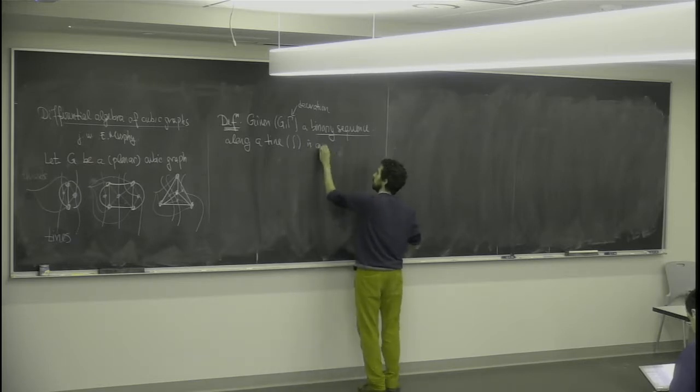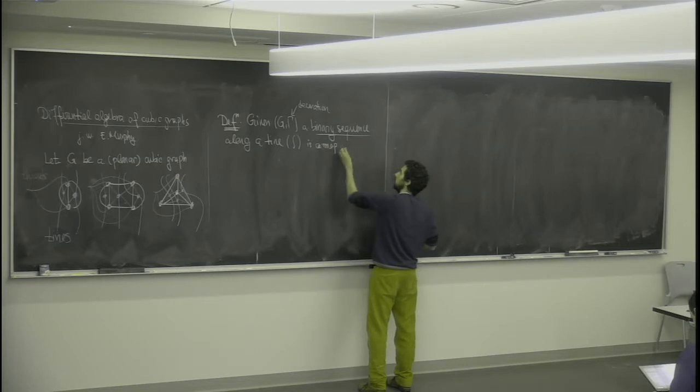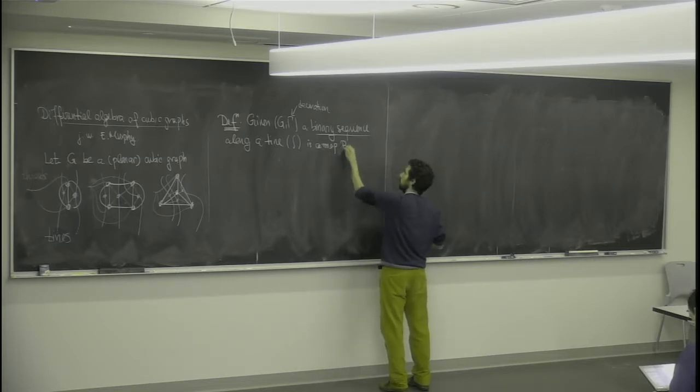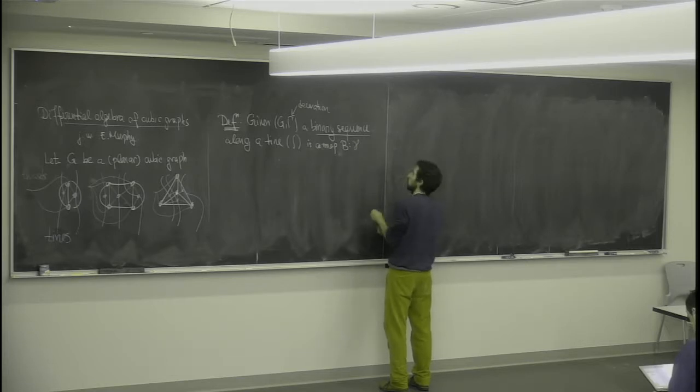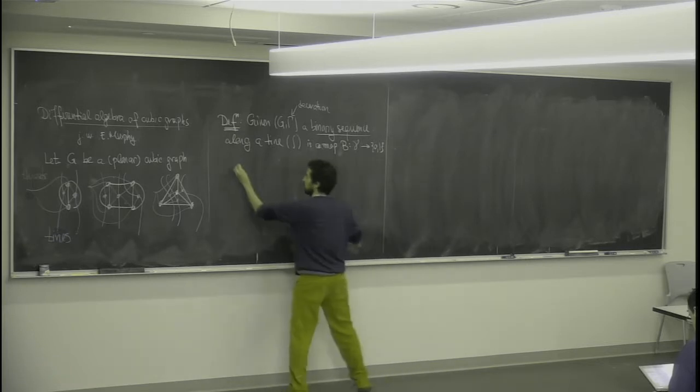It's a map, if you wish, which is lower semi-continuous, and it goes like this: B from the tine, that's my blue tine gamma, to {0, 1}, conforming to the following rules.